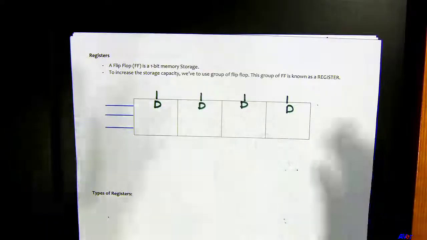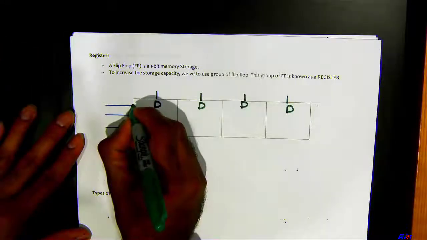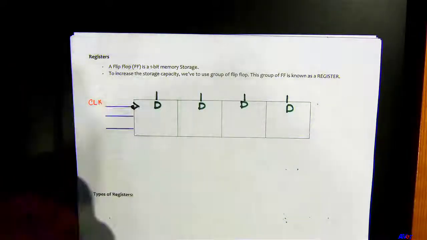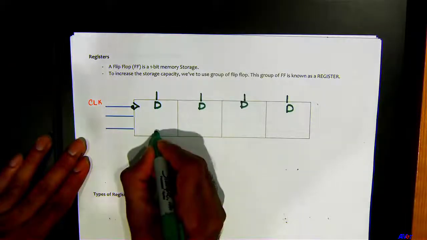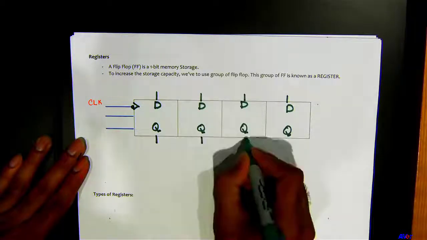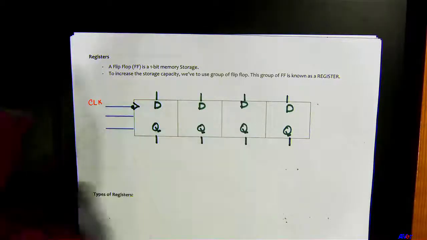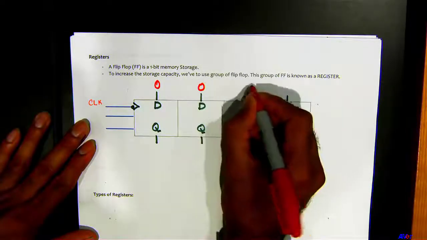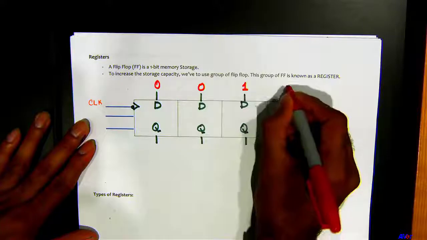I've used the positive edge triggered clock for the most part of the lecture. I'm going to do negative here now. This is your output Q, and say you have 0, 0, 1, 0.